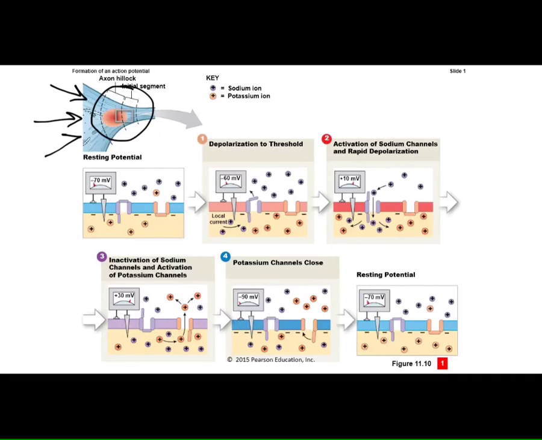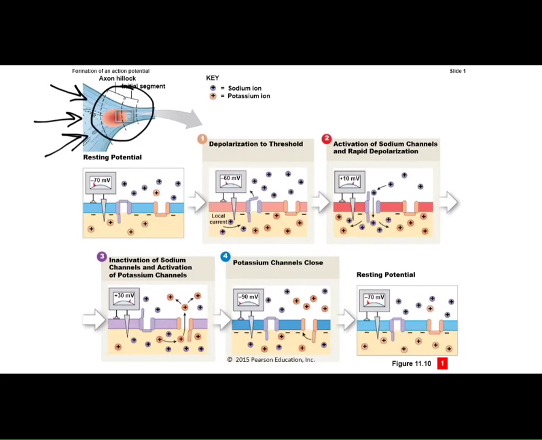These arrows coming in represent local potentials, graded potentials, little nudges, little stimuli. If all of these little local stimuli create enough of a change on the membrane potential at the axon hillock, then we will say that the neuron has reached its threshold.